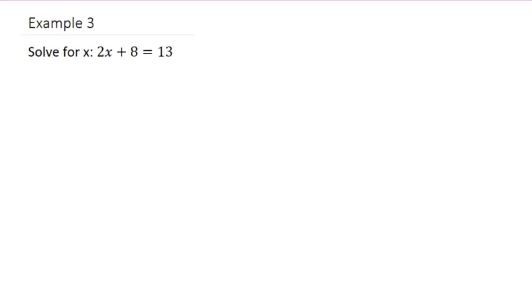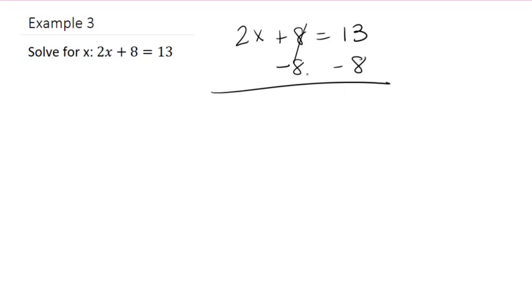Example 3. Solve the following. We have 2x plus 8 is equal to 13. Let's write that. The first thing we do is subtract 8 on both sides. This gets rid of the 8 on the left-hand side, so we're just left with 2x. Now 13 minus 8 is equal to 5.